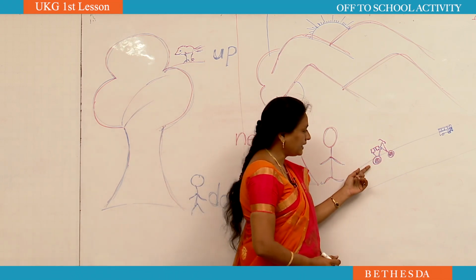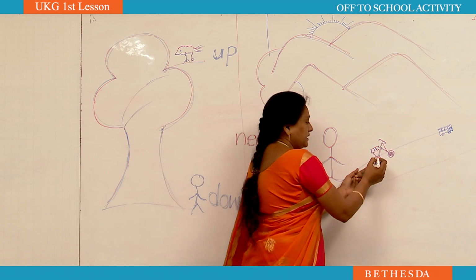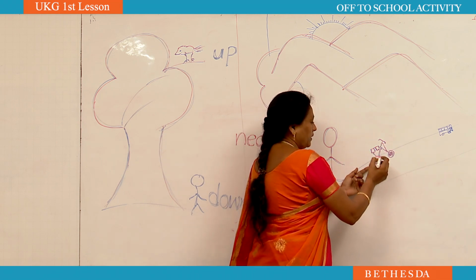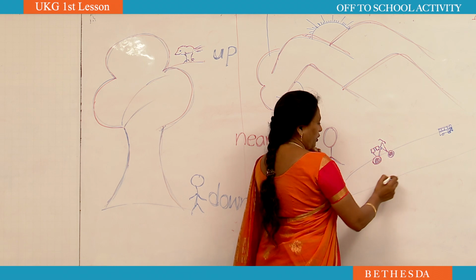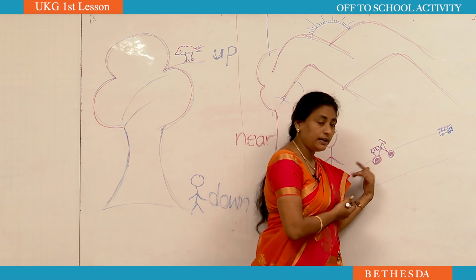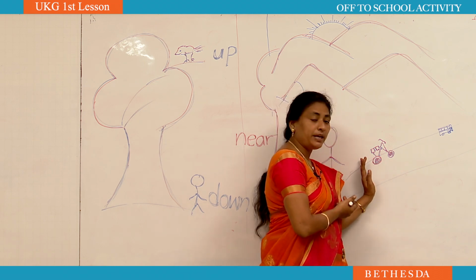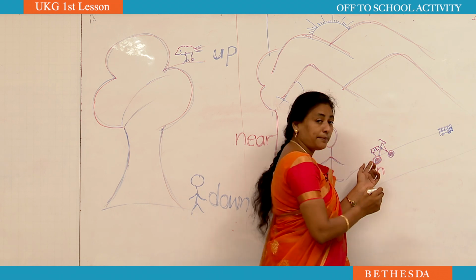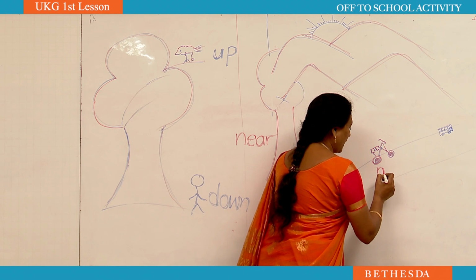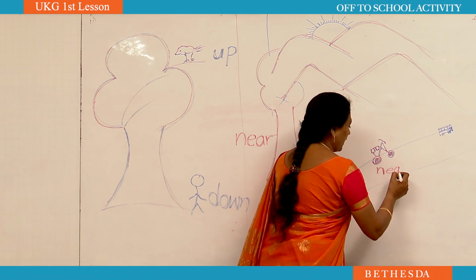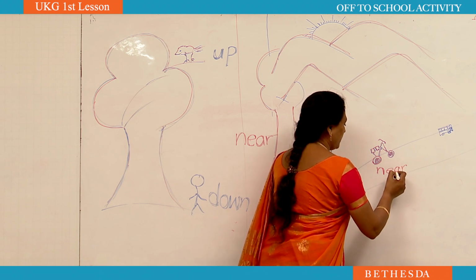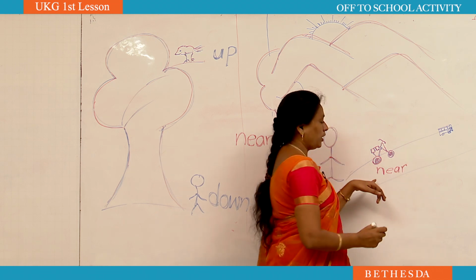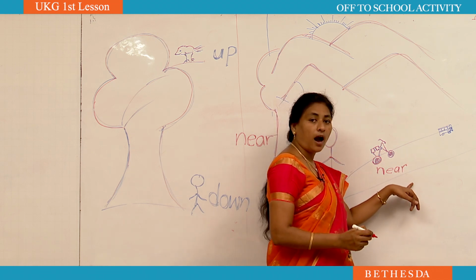See, this cycle is near. This is a cycle, Nana. This is the main road. You can see for teacher, this cycle is near to me. Near spelling, you have to write near the picture. N-E-A-R.